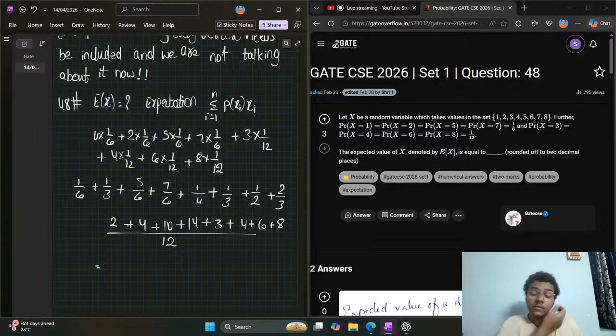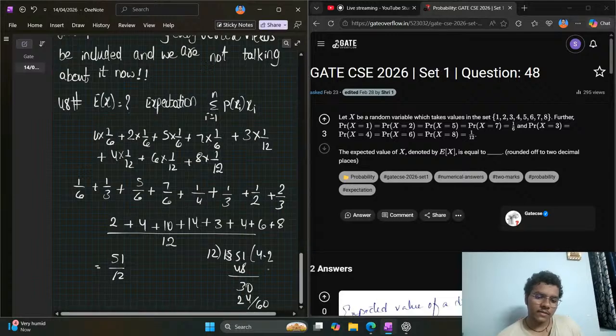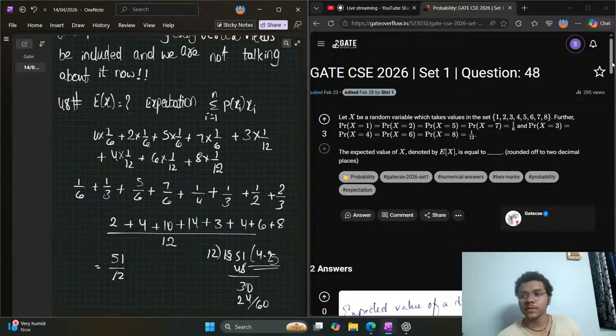So if you do this, 2 plus 4 is 6, 16, 16 plus 14, 30, 33, 37, 37 plus 6, that is 43. 43 plus 8, 51 by 12. I'm going to do it without a calculator. 12 fours are 48, and you got a 3. 12 twos are 24, and you got a 6. 4.25 is going to be your answer.